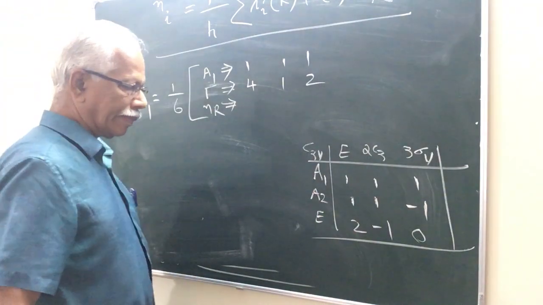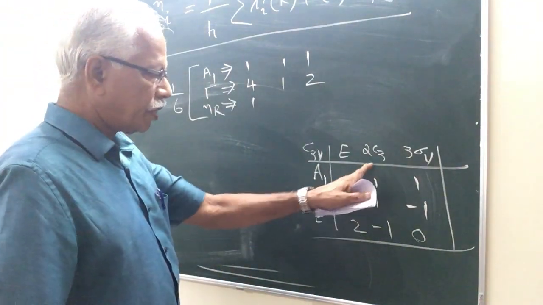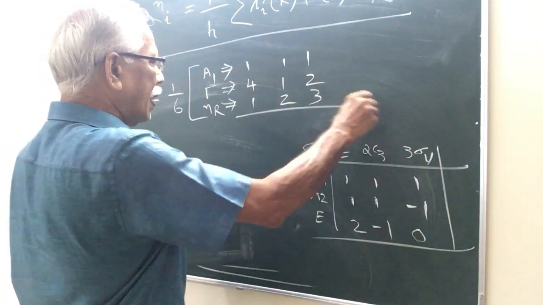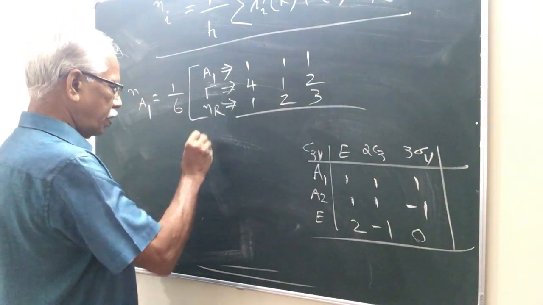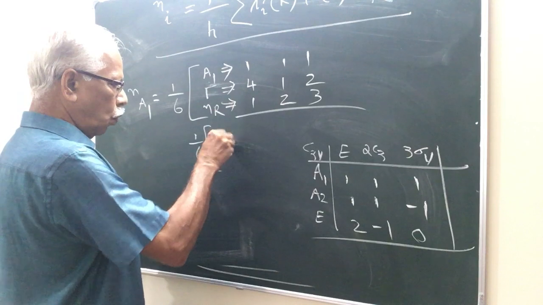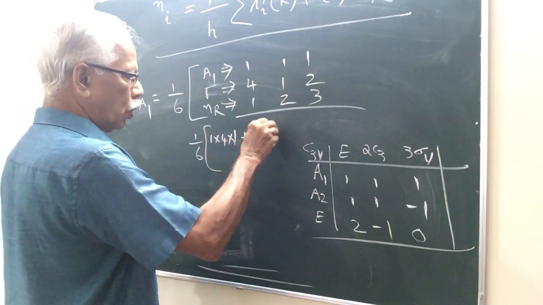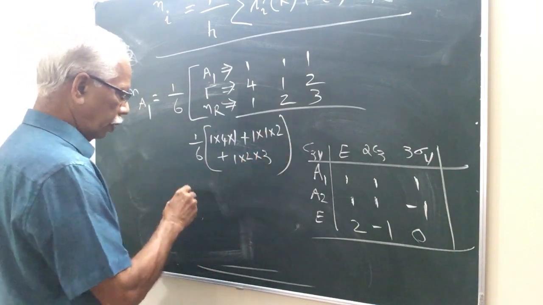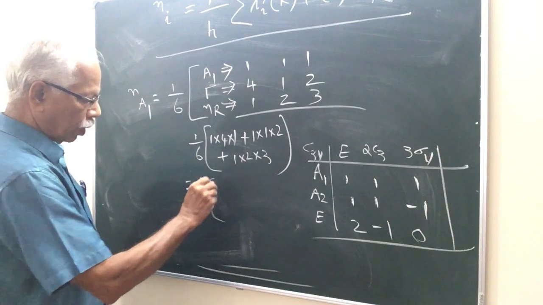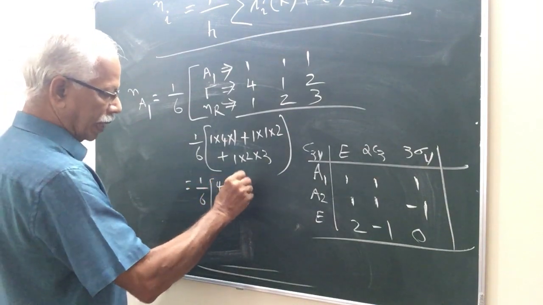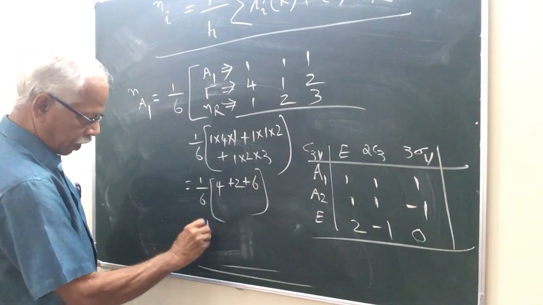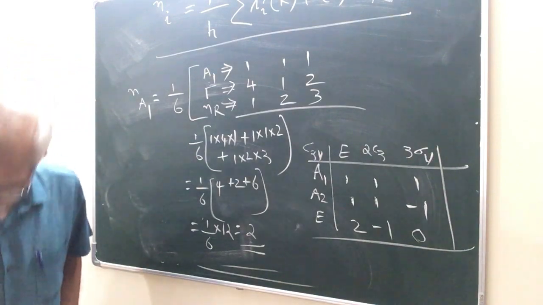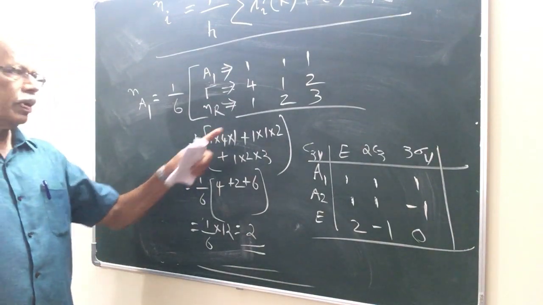E is just 1. The number of operations in the second class is 2. The number of operations in the third class is 3. So you multiply and add this. 1 by 6, 1 into 4 into 1 plus 1 into 1 into 2 plus 1 into 2 into 3. This is 1 by 6 into 4 plus 2 plus 6. This is 1 by 6 into 12.